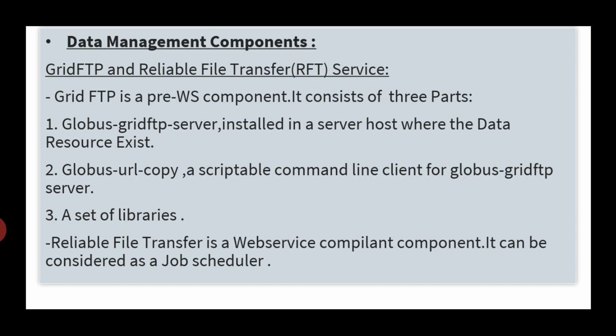And with reliable file transfer, we can edit the job description file according to the user's request, and can also answer the queries for transferring status, as well as notify about the change of the state. Okay, this is the concept of data movement components.